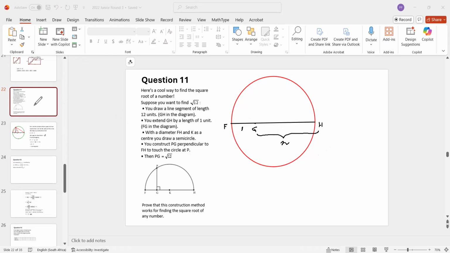And then, if you remember, he drew a perpendicular at G. Oh, I picked the wrong thing here.